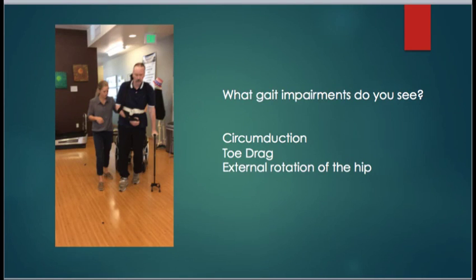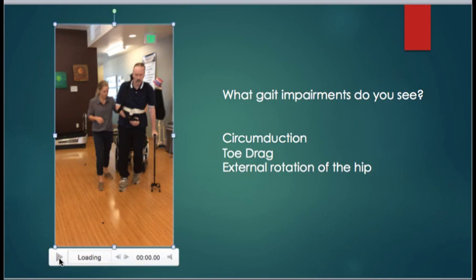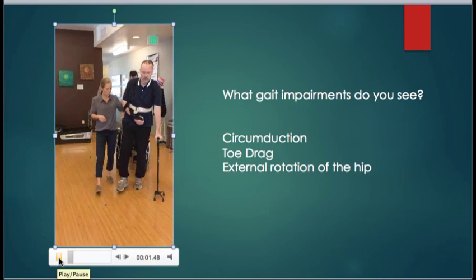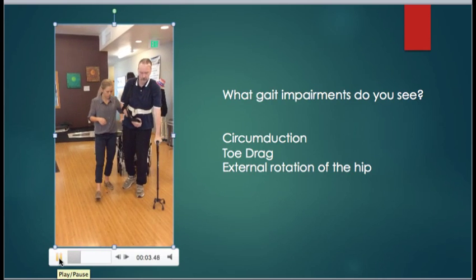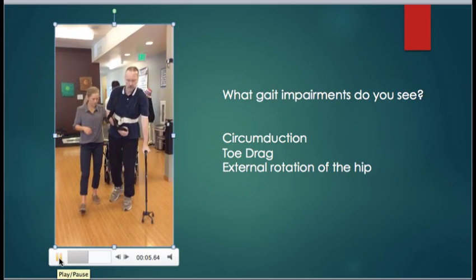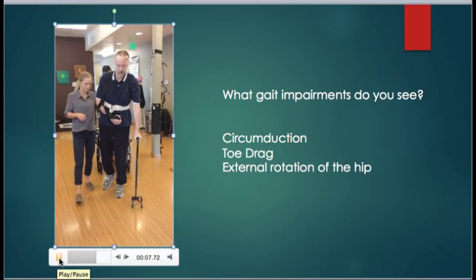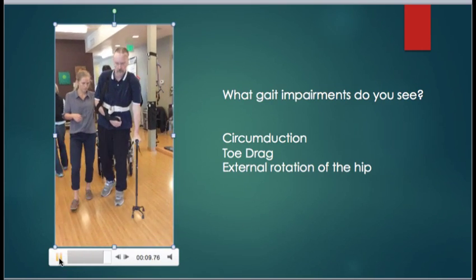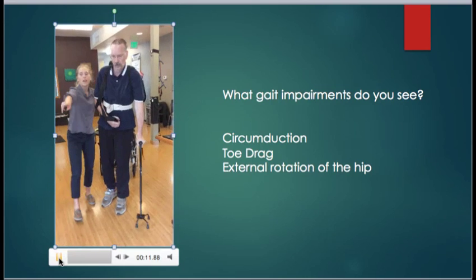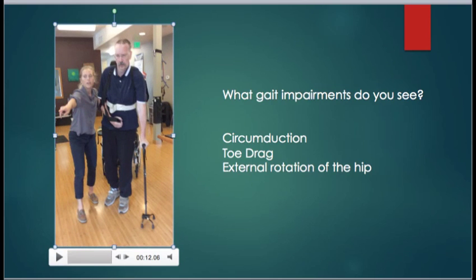Let's take a look at another patient who is 6 months post-stroke. Most notable in this video is the patient's severe toe drag. He is incapable of lifting his toe off the ground.